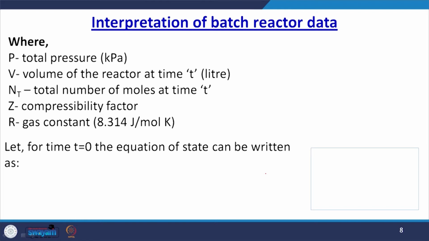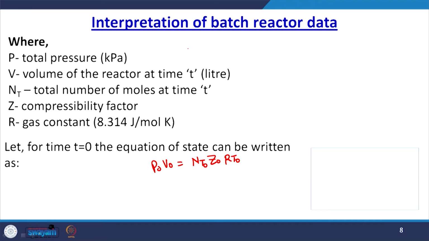So, now if we try to find out the situation for time t equal to 0, the equation of state we can write as P naught V naught is equal to NT naught Z naught R T naught.